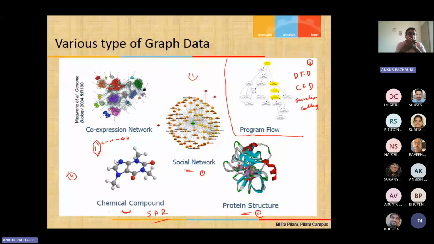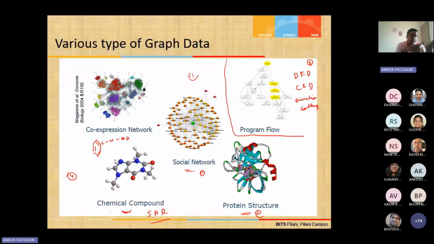The other way is I have a disease to cure. Now, what is the behavior of that virus or something? Based on that, I try to predict the structure of the chemical, which type of chemical can be used to cure this type of disease.